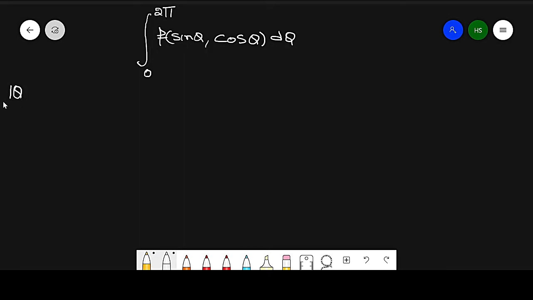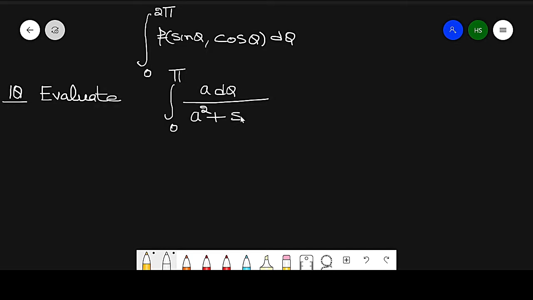I will take the first question. So a value 8, the integration 0 to pi, a into d theta over a square plus sine square theta, where a is some value greater than 0.